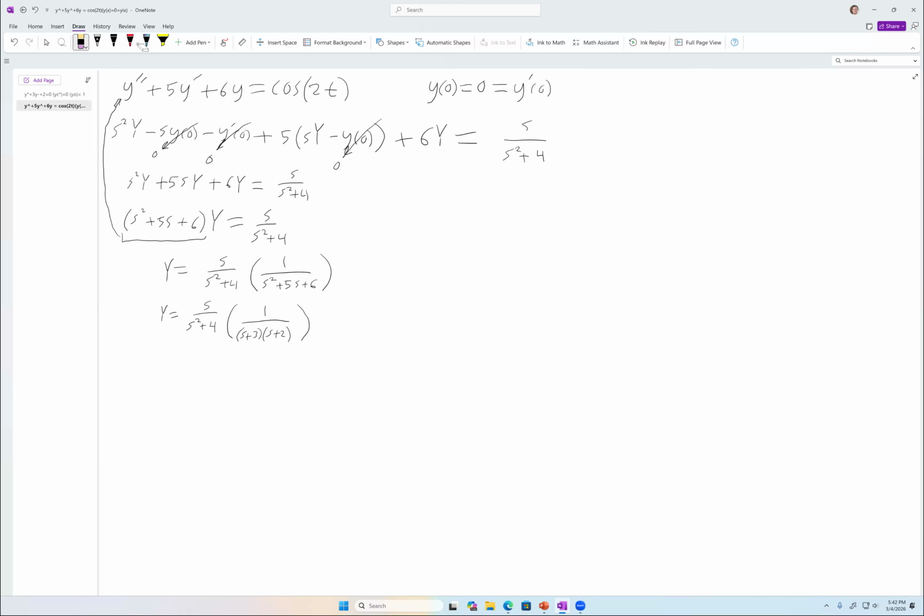Does that make sense? Okay, cool. Okay, so let's do some partial fraction decomposition at this point. So this is going to be equal to s over, woo-wee, this is a long one, very long.